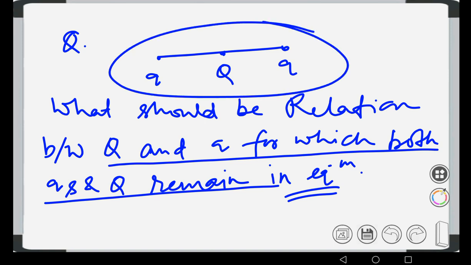Both the small q's should remain in equilibrium as well as capital Q. So the entire system should be in equilibrium, and this is a by 2 and this is a by 2. If such questions are asked, how will we answer? Let us see.